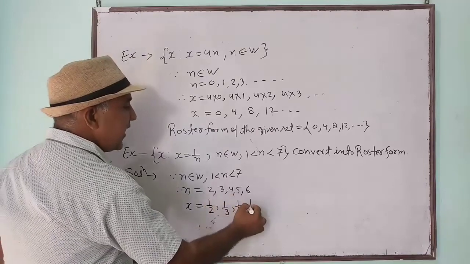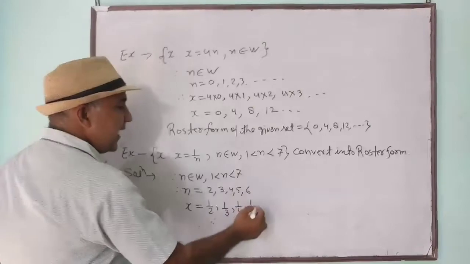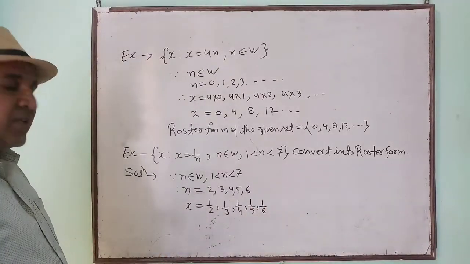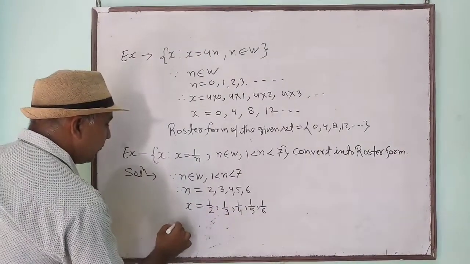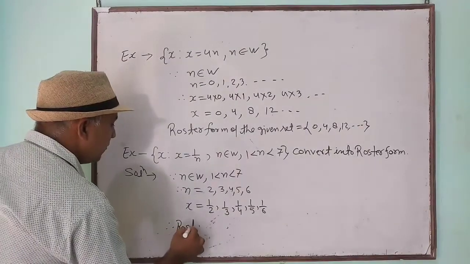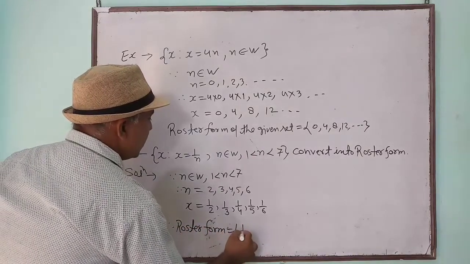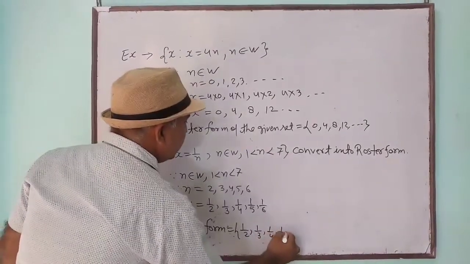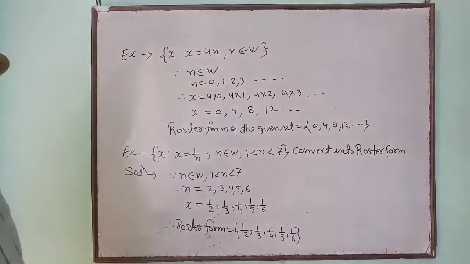If n is 5, value of x will be 1 upon 5. If n is 6, value of x will be 1 upon 6. Values of x we have got. Then what will be the roster form? Roster form will be 1 by 2, 1 by 3, 1 by 4, 1 by 5 and 1 by 6.